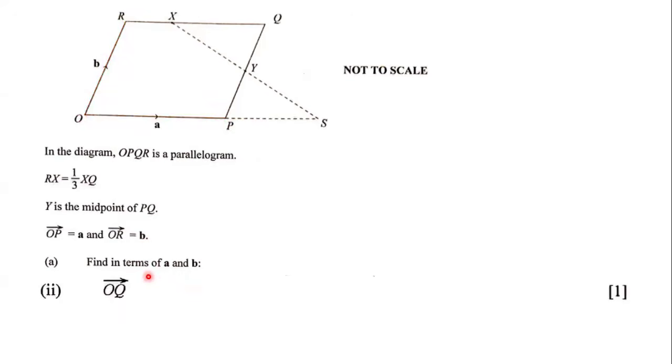Next, we have OQ. So we want to find in terms of A and B, OQ. Now, what is OQ?